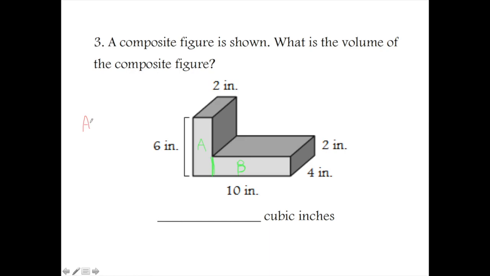So for box A, my length is 2. I can see that there. My width never changed, so it's the same as it is in the bottom. It's 4.